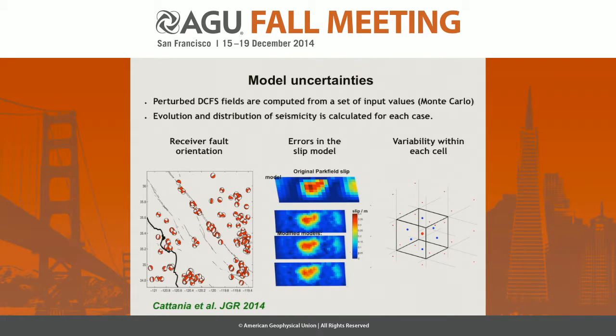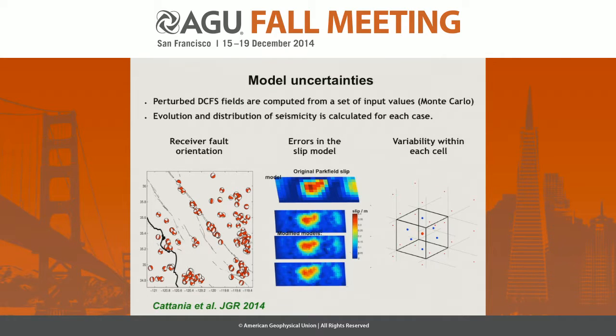As you can see, just looking at the focal mechanisms on the left, there's a lot of variation, natural variation, in the receiver faults. There are also a lot of errors in the slip models, and there are two types of errors. One is simply a scaling issue: the slip models may be done on a resolution of 5 kilometers by 5 kilometers, and yet we know there's small-scale slip. The other, and we show this on the poster downstairs, is that when you look at various published slip models for the same event, they look very, very different.